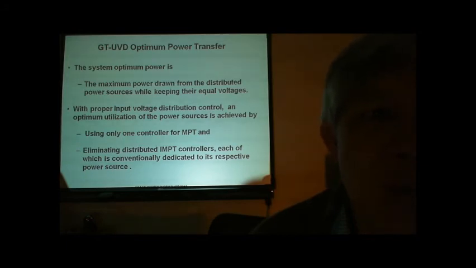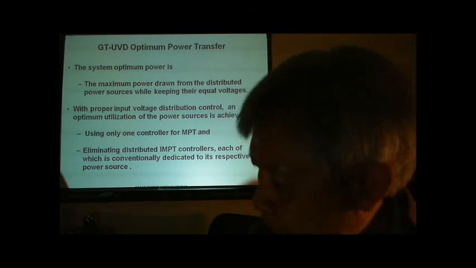With proper input voltage distribution control, an optimum utilization of power sources is achieved by using only one controller for MPT and eliminating distributed independent maximum power tracking controllers, each of which is conventionally dedicated to its respective power source.